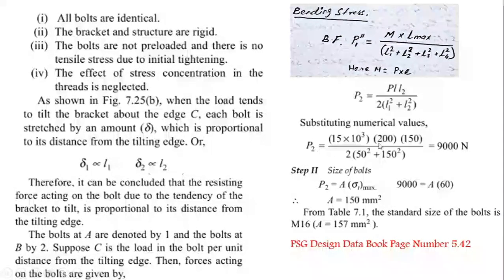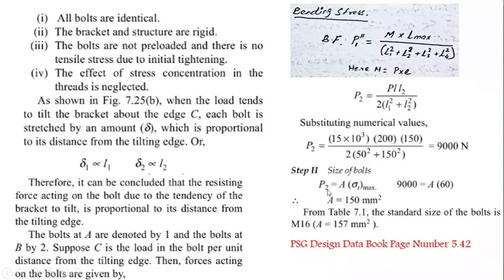Substituting the numerical values, we know all the values here. P is 15 kilonewton, L is 200 millimeter, L2 is 150 millimeter, and L1 is 50 millimeter. We apply all the values and we get P2 equal to 9000 Newton. Then we go on to find the size of the bolt.